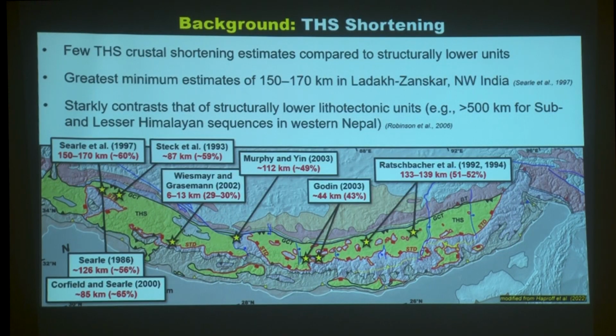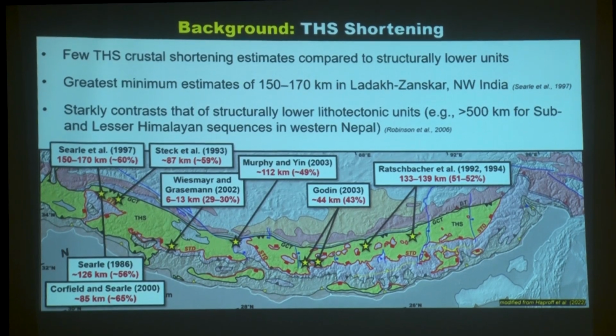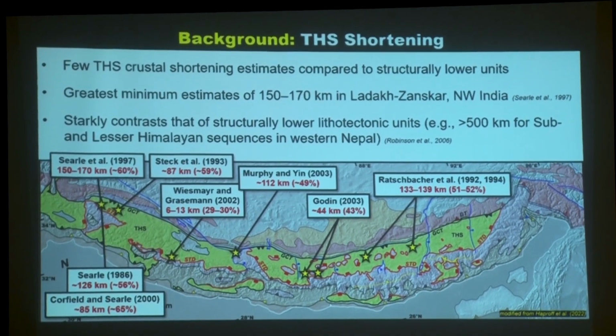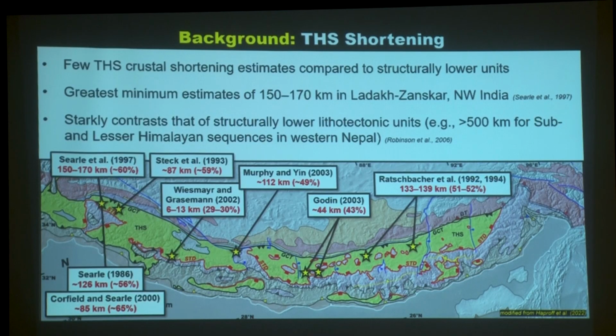Okay, now, for the Tethyan Himalayan sequence, there have been few crustal shortening estimates across it compared to structurally lower lithotectonic units like the lesser Himalayan sequence and sub-Himalayan sequence. In fact, the greatest minimum estimate for the Tethyan Himalayan sequence is about 150 to 170 kilometers in Ladakh and Zanskar, northwestern India, in this region here, and that's by Mike Searle and others.